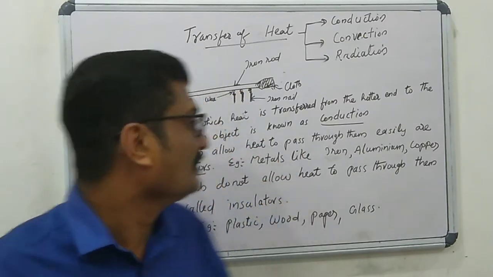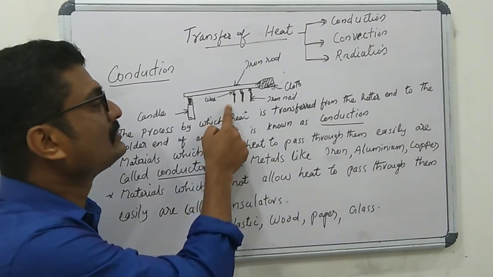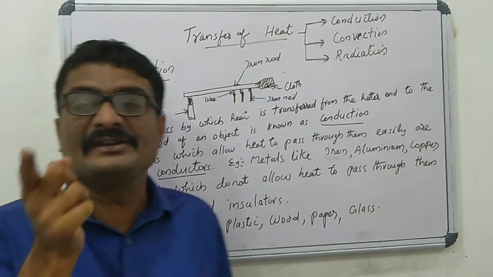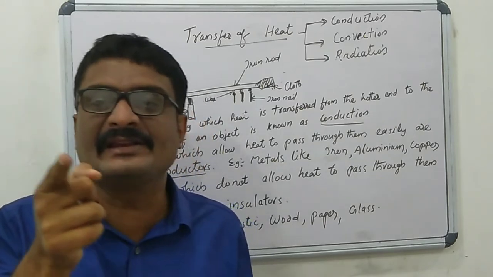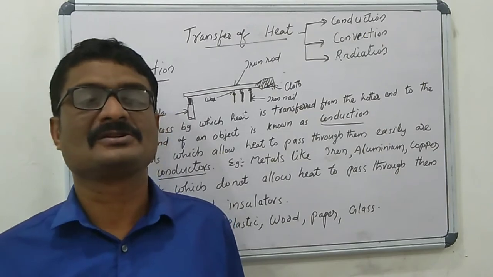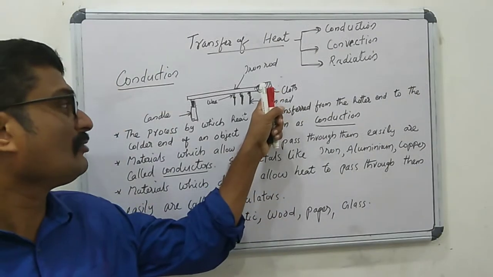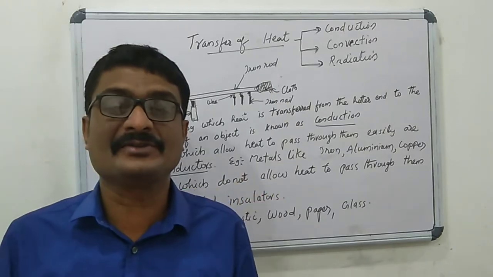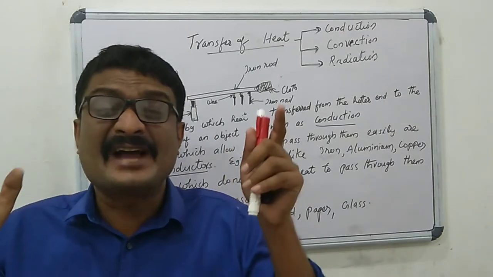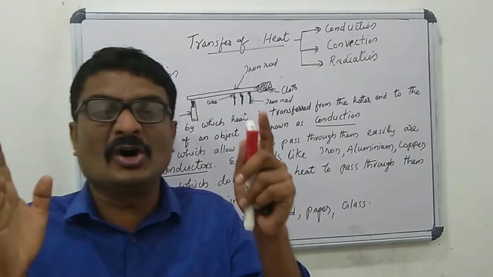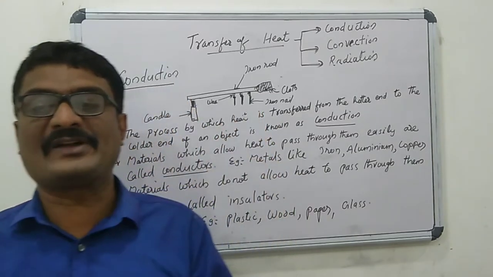Then fix a small iron nail in each blob of wax. Hold one end of the iron rod with a cloth and hold the other end over a candle flame.